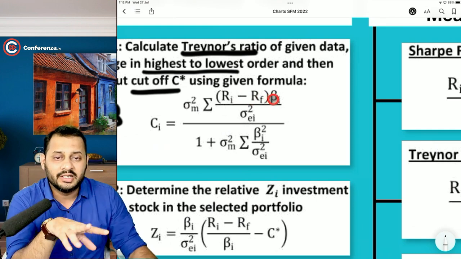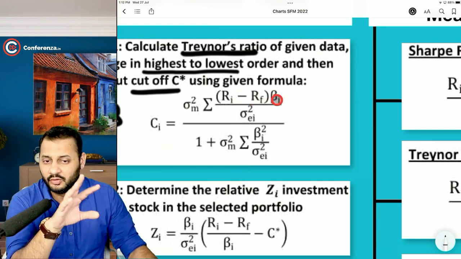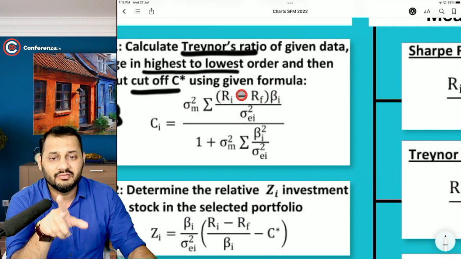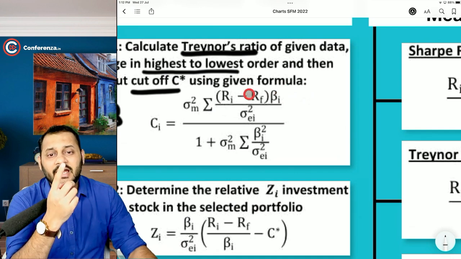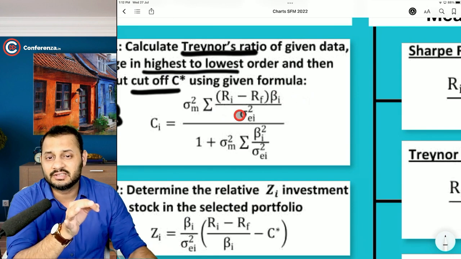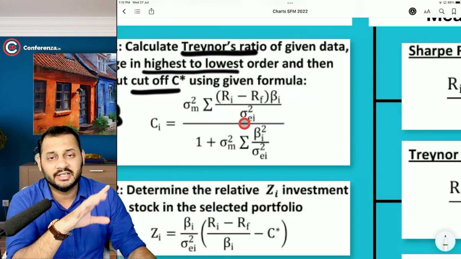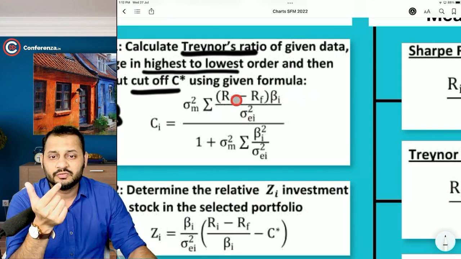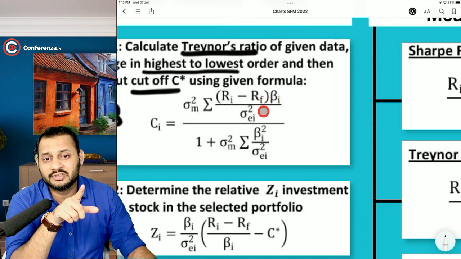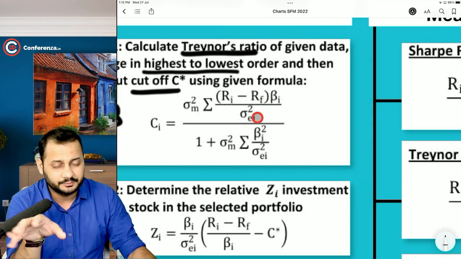Then we multiply it with the beta. The entire numerator specifies the premium for systematic risk, and in the denominator you put the variance of the unsystematic risk. The standard deviation of ei squared is nothing but the variance. So first calculate Ri minus Rf, then multiply it with the ratio of systematic risk to the unsystematic risk variance.